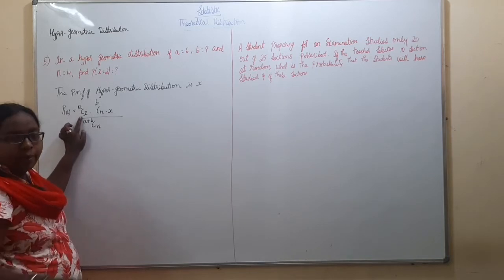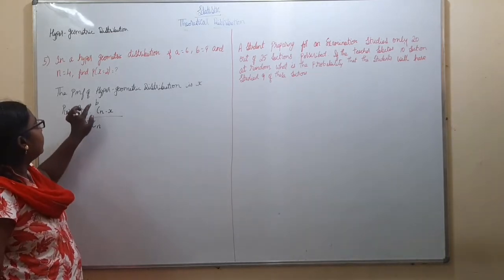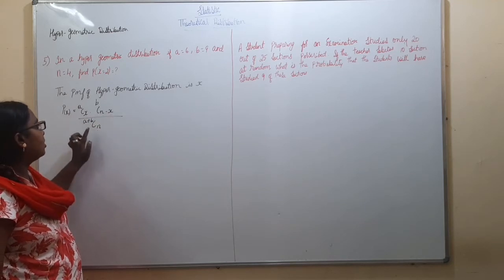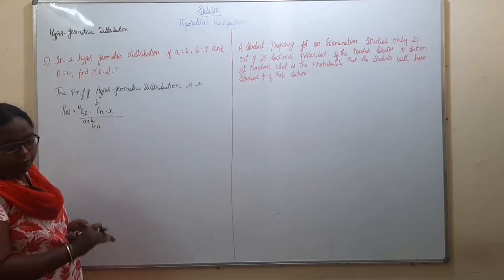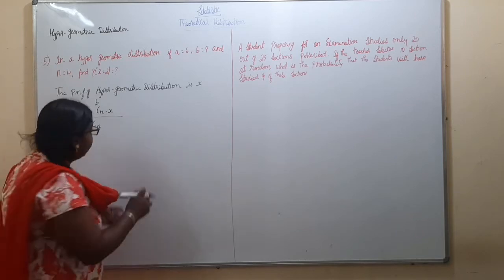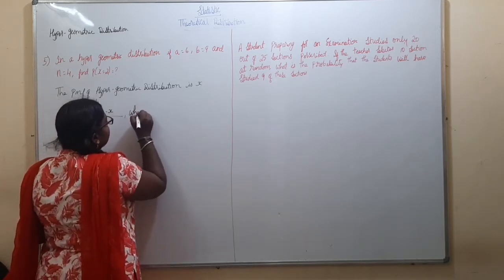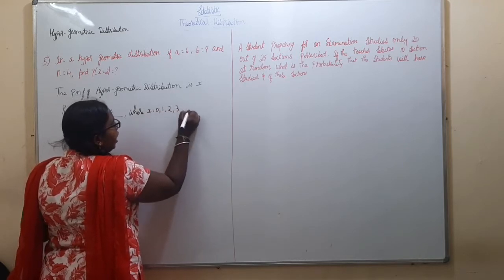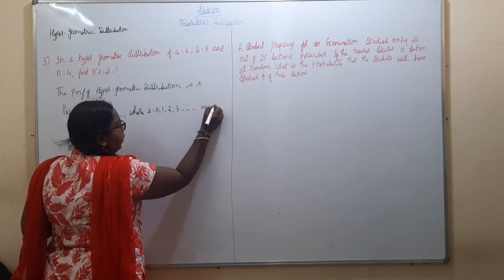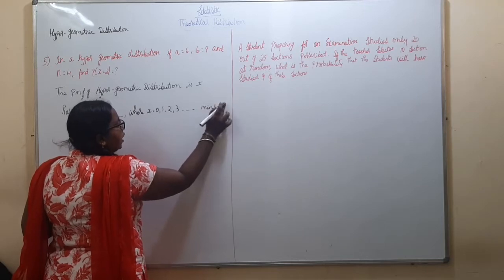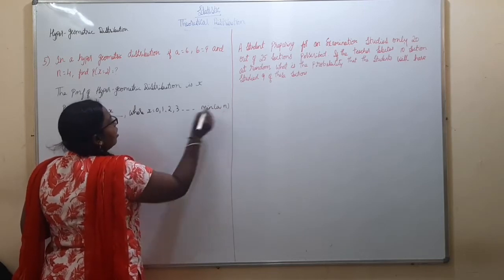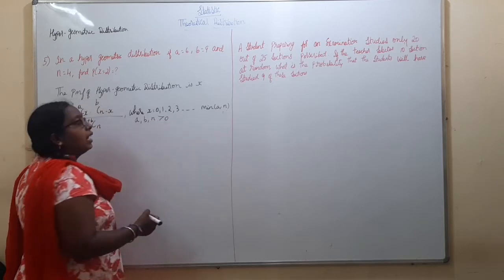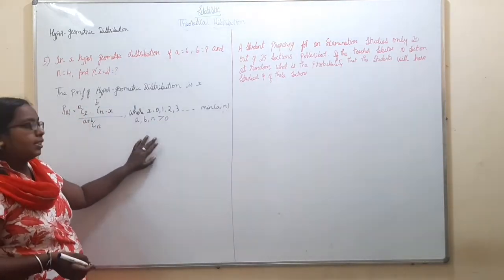ACx is the number of ways of choosing successes, then into BC(N minus x), divided by (A plus B)CN is the formula, where x is equal to 0, 1, 2, 3 up to the minimum of A and N. Then A, B, N are positive integers greater than 0.